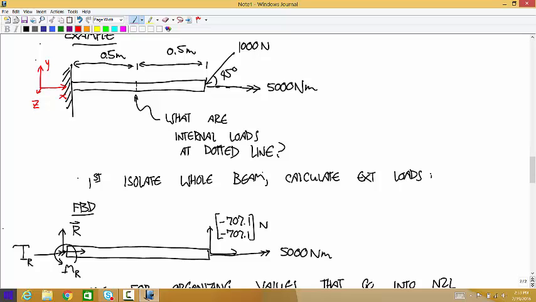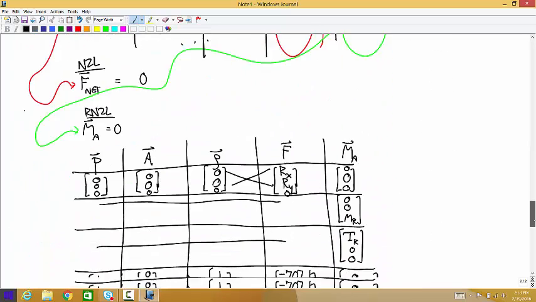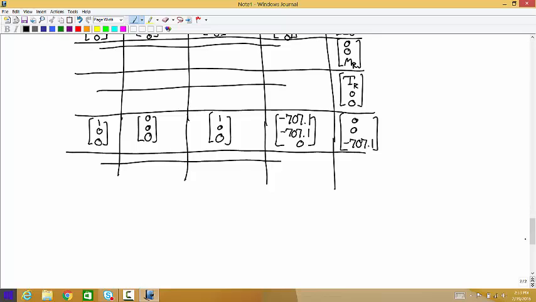Your thumb's in the direction of that vector, and you represent a couple vector with that double arrow like that. And so yeah, that's positive. And so we have 5,000, 0, 0.